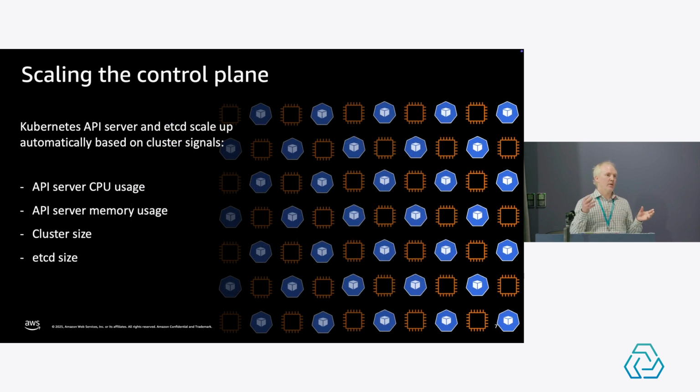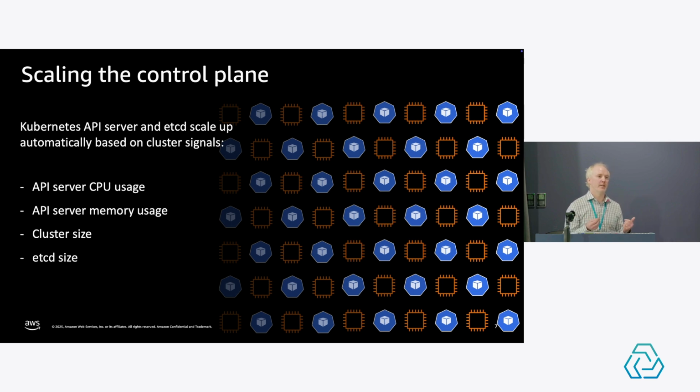We also get questions from customers: does this control plane scale? And I heard Philip talking about customers with thousands of nodes. If you run a data plane with three or four nodes, or a data plane with thousands of nodes, it puts a different load onto your managed control plane, and we scale the managed control plane to deal with that.